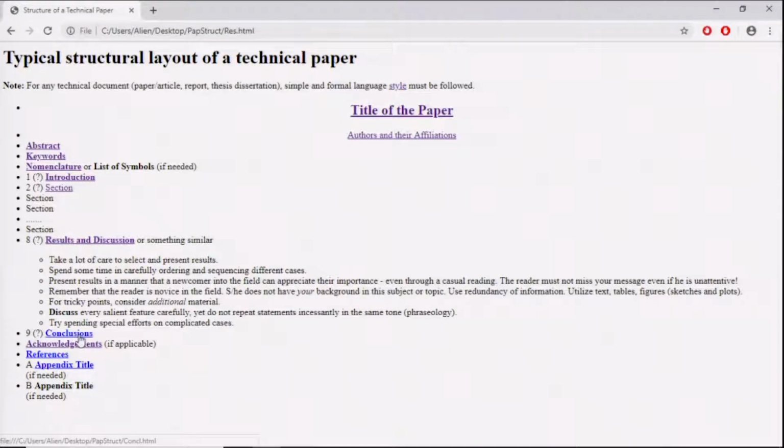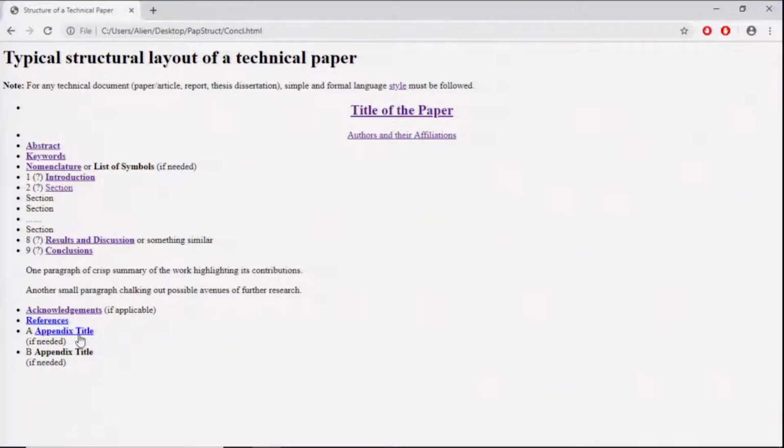Finally, you conclude the paper, and there typically two paragraphs appear. Typically, I am telling, there can be exceptions. In one paragraph, you put forth a crisp summary of this particular work, highlighting its contributions, its achievements, and then after that, in brief, you point out what are the next avenues of research that can be explored in this field.